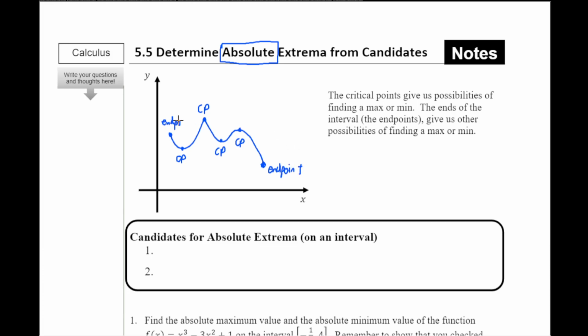So when you find the absolute maxes or mins, you have to test not just the critical points, but the endpoints on your interval. The candidates for absolute extrema on an interval are your critical points and your endpoints, where they can potentially occur. You have to test all of them.